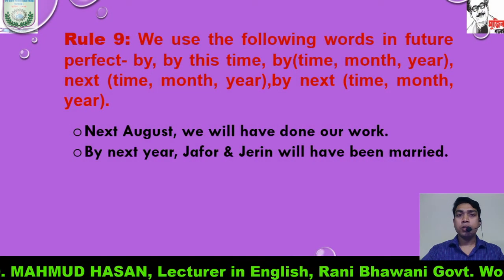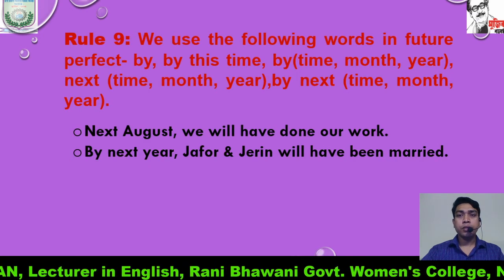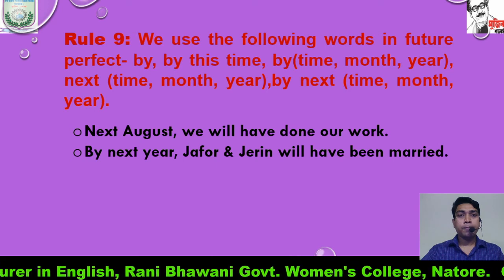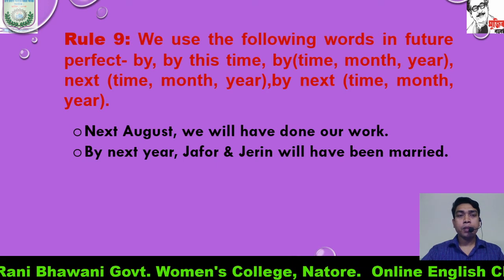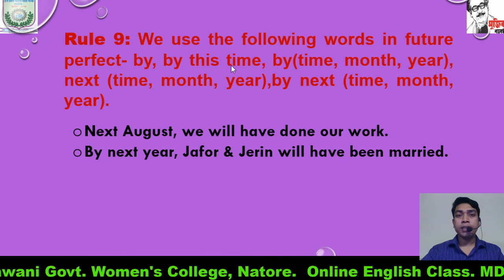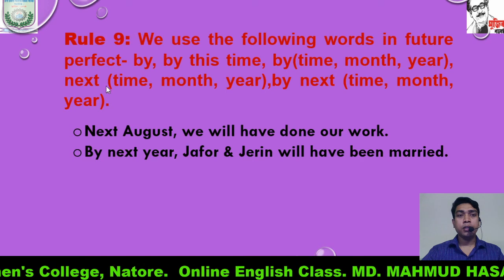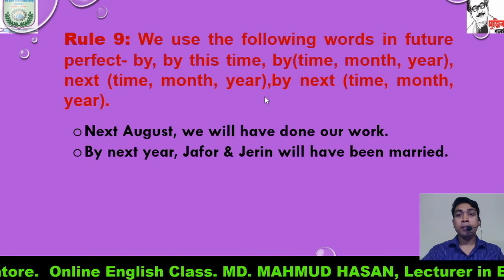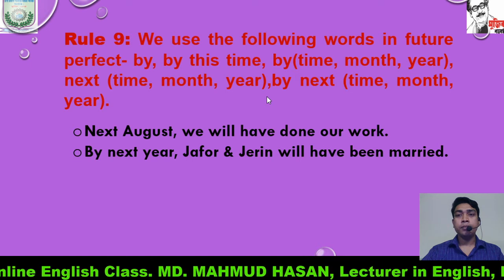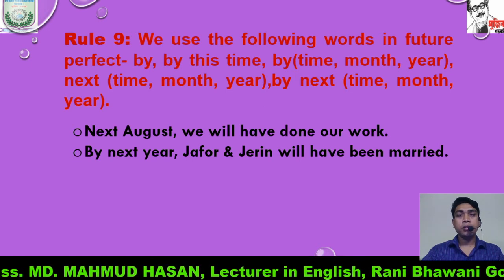This is about rule number 9. In case of future perfect, we use the following words: by this time, by month, by year, next time, next month, next year, by next time, by next month, by next year.